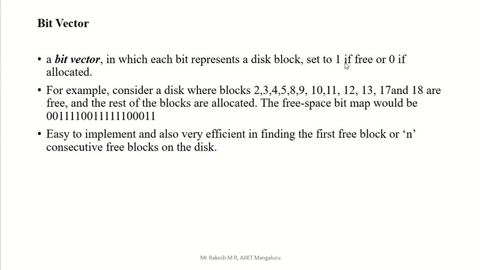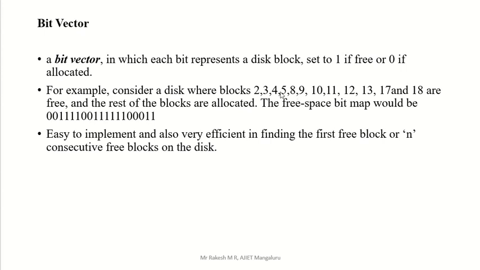You have to set the bit to 1 if the block is free, and the bit is 0 if that block is allocated. That means if that block is full, the bit is 0. If that block is free, the bit is 1. That is the concept of bit vector.